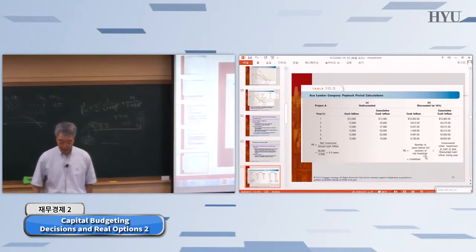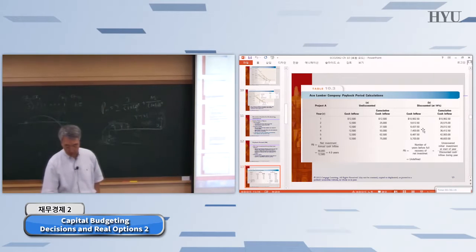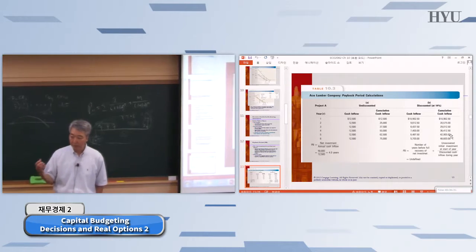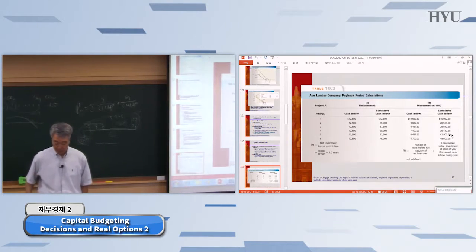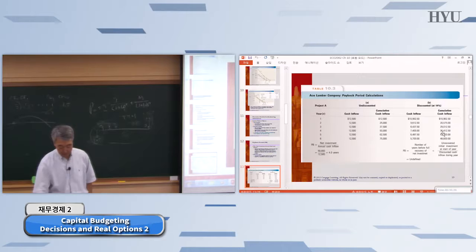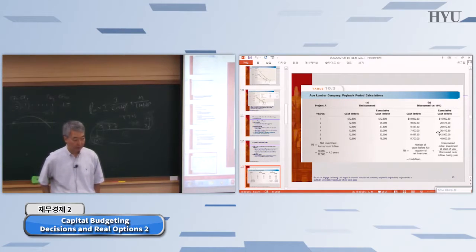Because the project is supposed to last 6 years, but until the end of 6 years, you have not recovered 50,000. Total discounted value of the total recovery was only $48,600, right? So, what? Project A is out of question, right?